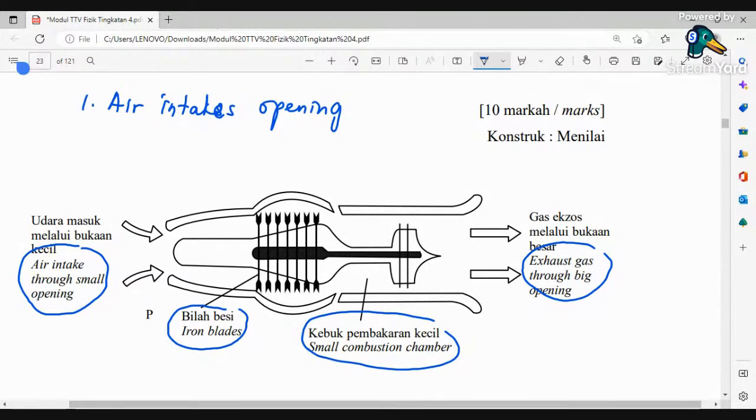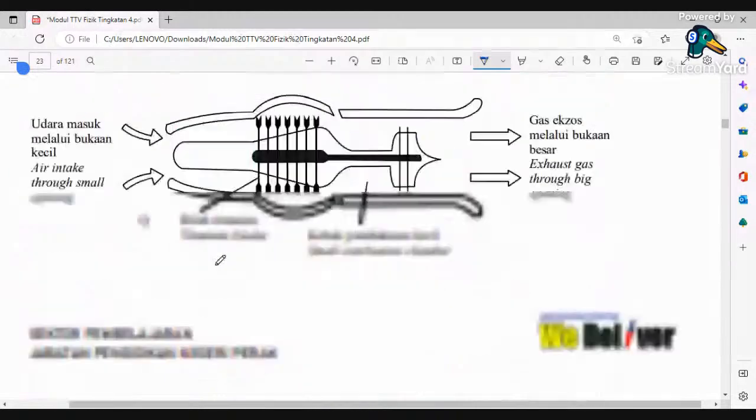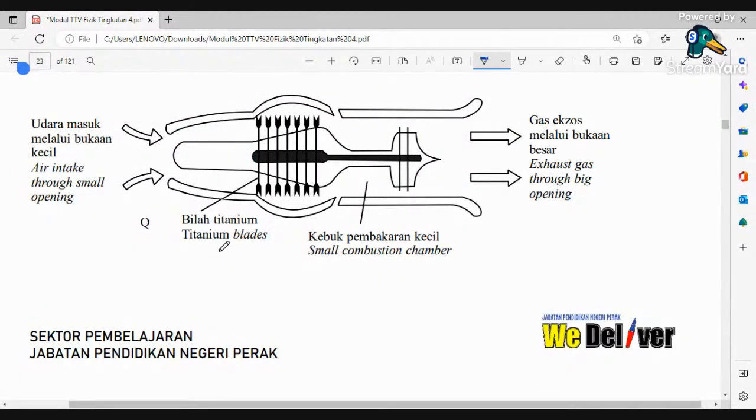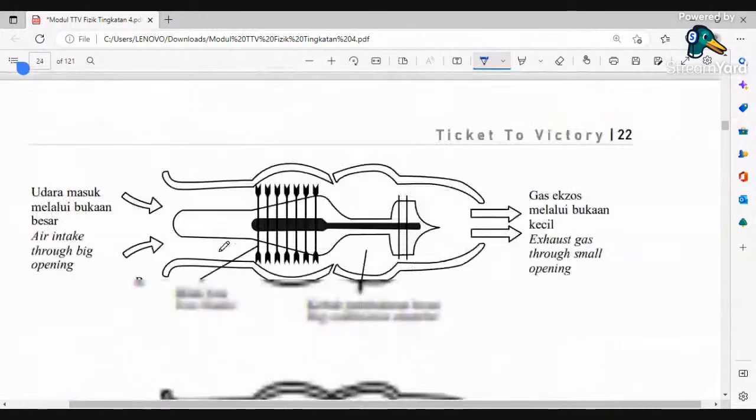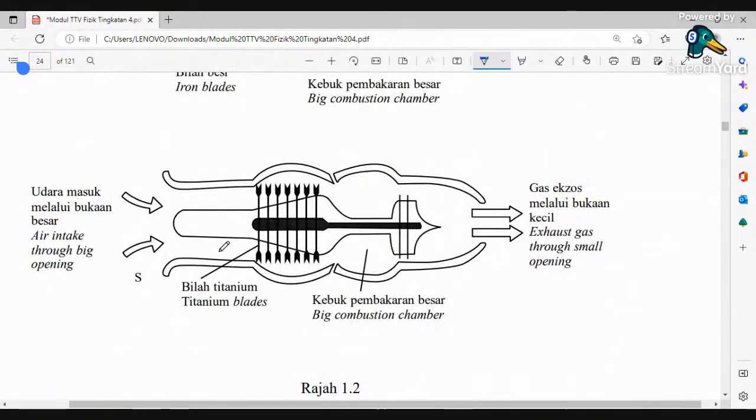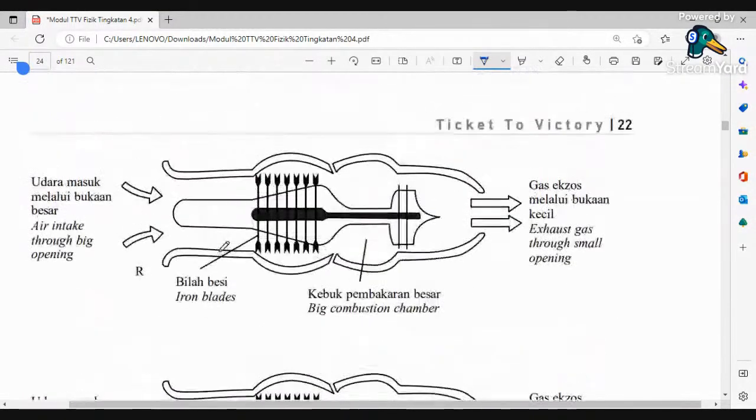Intake, first aspect. So kita nak dia macam mana? Kalau air intake, kita nak air masuk lebih banyak, kan? Jadi kita buat larger. Okay, second, iron blades. Yang first diagram ialah iron blade. Yang kedua is titanium.